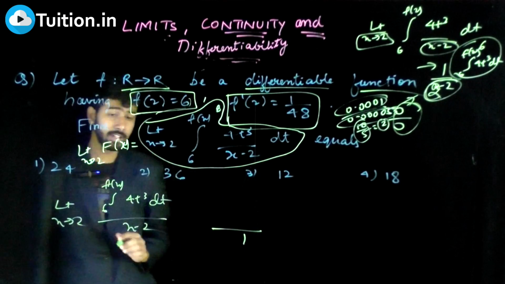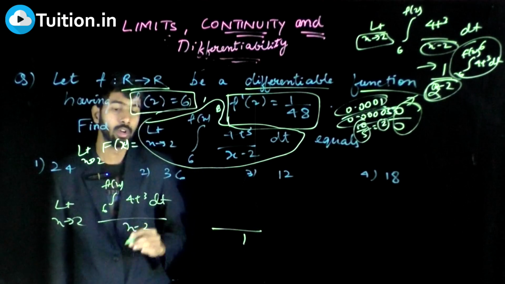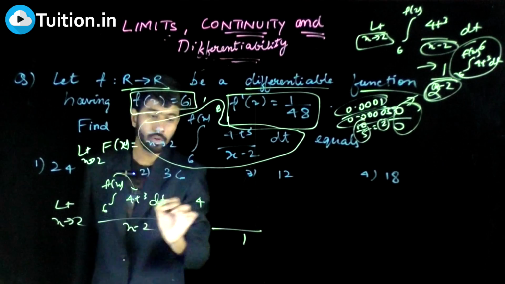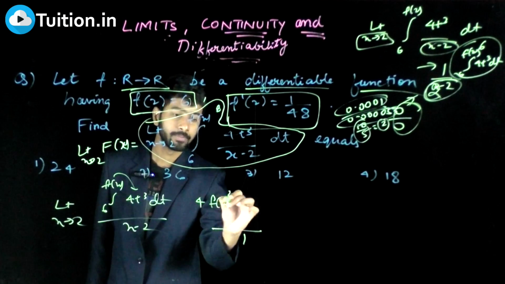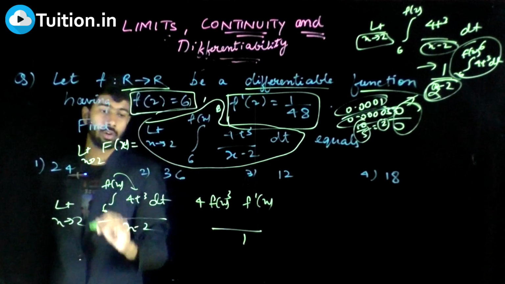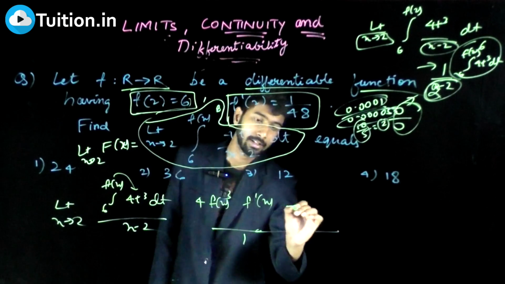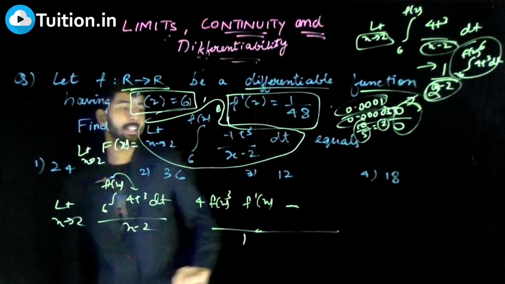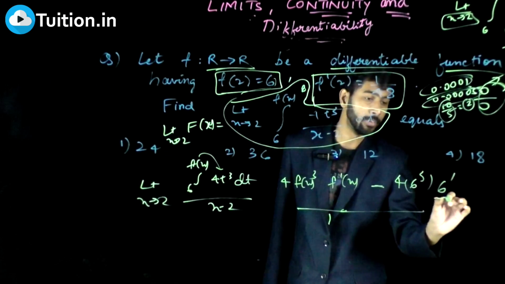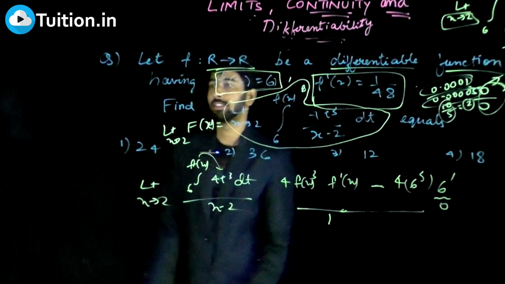But how about the differential of this? For this, we use the Newton-Leibniz rule. So how it goes is, you put f of x here, so it's simply 4 into f of x whole cube instead of t, into f dash x. So differential of the upper limit, minus, you put 6 in instead of t, the lower limit, 6 cube, into differential of 6, which is 0. This is the formula actually.